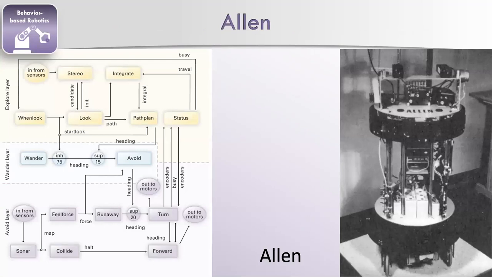Enter Alan. To imagine, just think of a Roomba, right? A Roomba can go around a room that it's never seen before using very simple algorithmic processes. Alan was a pre-Roomba, if you will. It could go around the room and avoid most objects that it encountered.